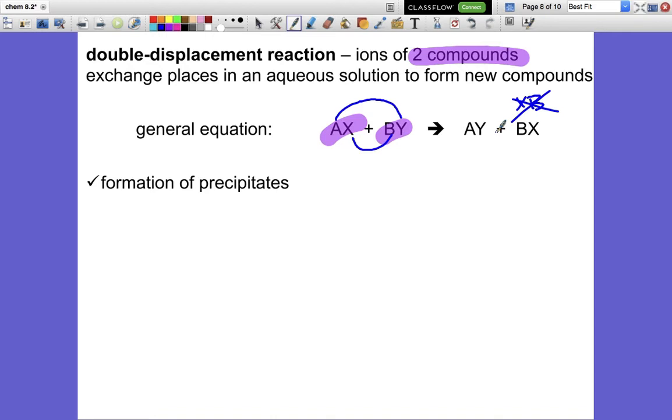Our first type of example has precipitates involved. So we're going to have a formation of a precipitate here. I showed you a reaction in a demo that looked like this. I had two clear aqueous solutions. One was sodium carbonate, the other one was magnesium sulfate.